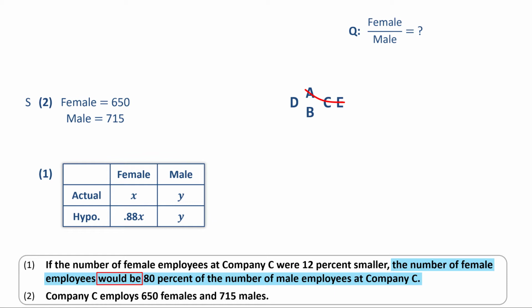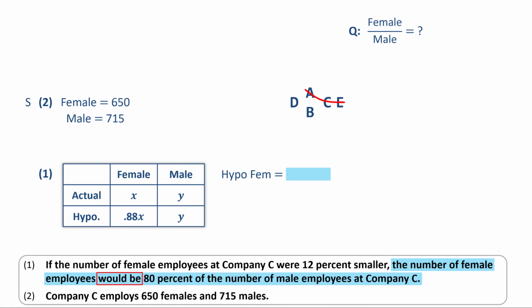The verb to be expresses equivalence, so this second clause can be translated into an equation with the words would be represented by the equals sign. To the left of would be in the clause is the number of female employees. Since this is about what would be, it refers to the number of females in the hypothetical case, which we can write as hypo-fem.